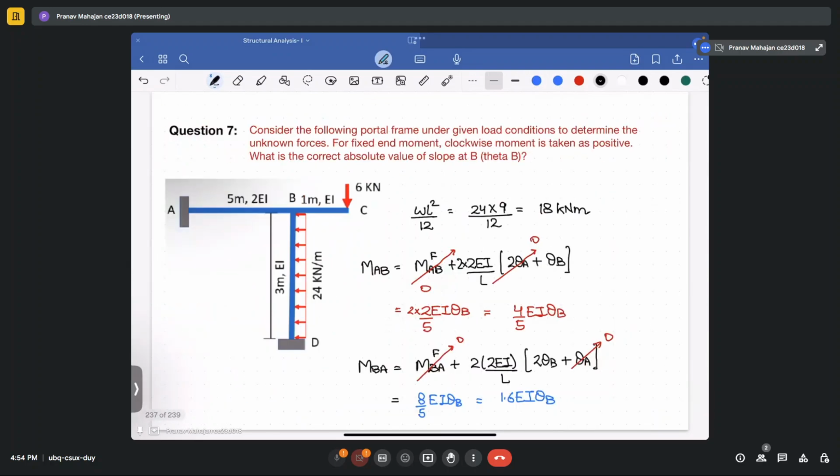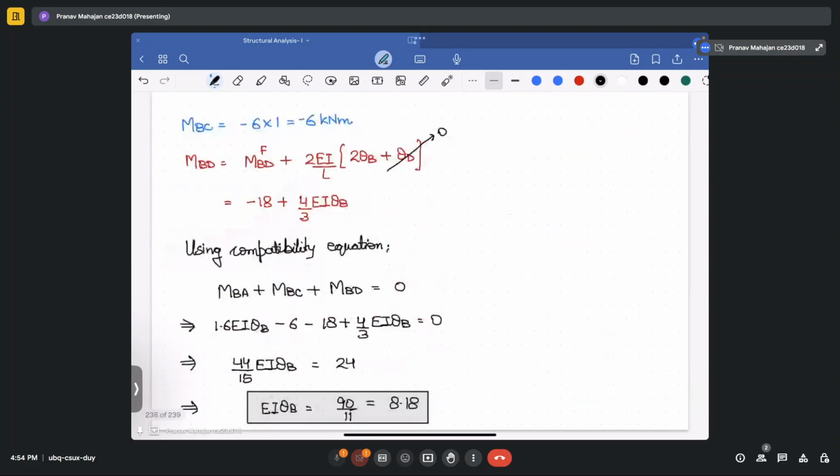This is what is asked in the question: you are required to calculate the slope. In terms of slope, theta B will be equal to 8.18 divided by EI.